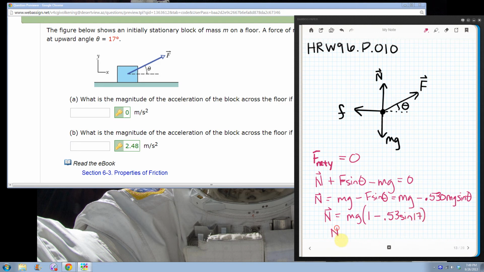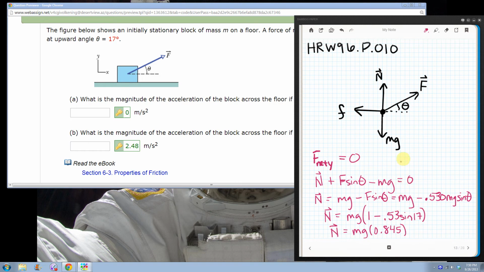Okay, so in the end, my normal force is mg times, we need to do that in the calculator, and I get 0.845.